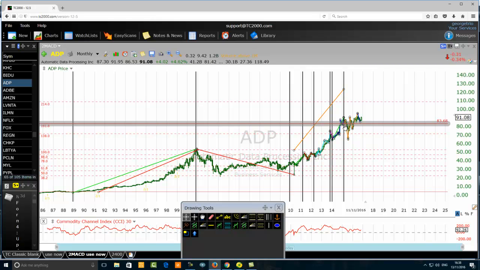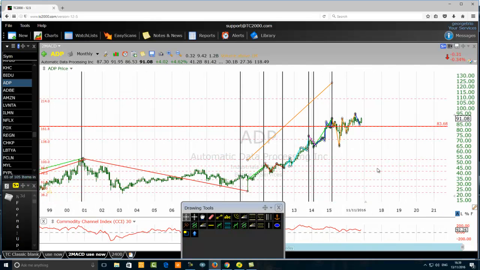This is a normal third Elliott wave according to the Elliott wave principle, but it is a very complex third Elliott wave to decipher.